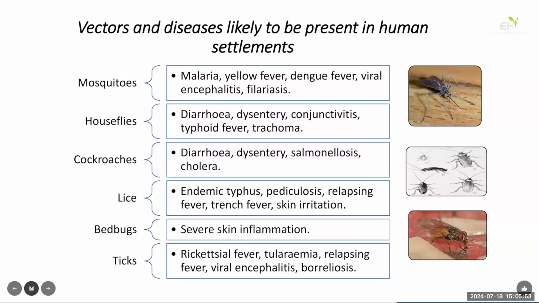We have house flies, cockroaches, lice, bedbugs, ticks. And for ticks, I must mention here that these are particularly important for agriculture implications. You find a lot of ticks in livestock, you find a lot of ticks in domestic animals, and therefore they also have to be controlled.